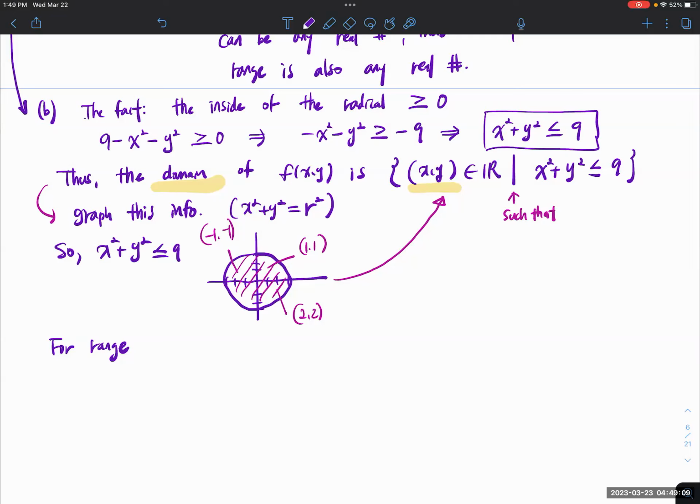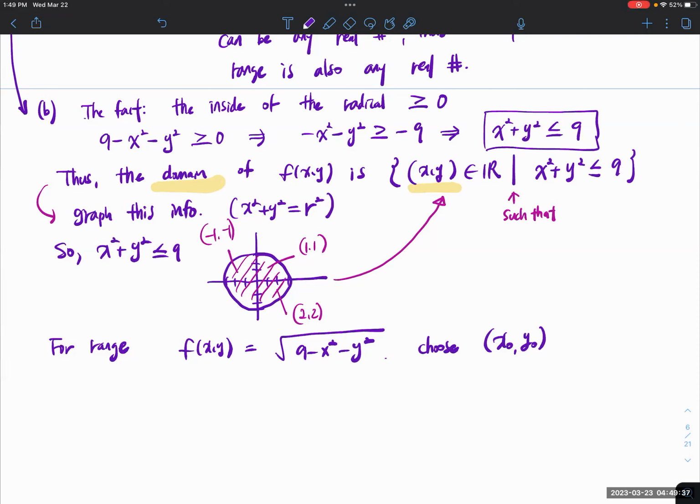So let me just write down f(x, y). This is the given function, 9 minus x squared minus y squared. Are you okay with that? That's given. I'm going to just choose a random x and y. So let's say choose (x0, y0) as one of the coordinate points in the domain.